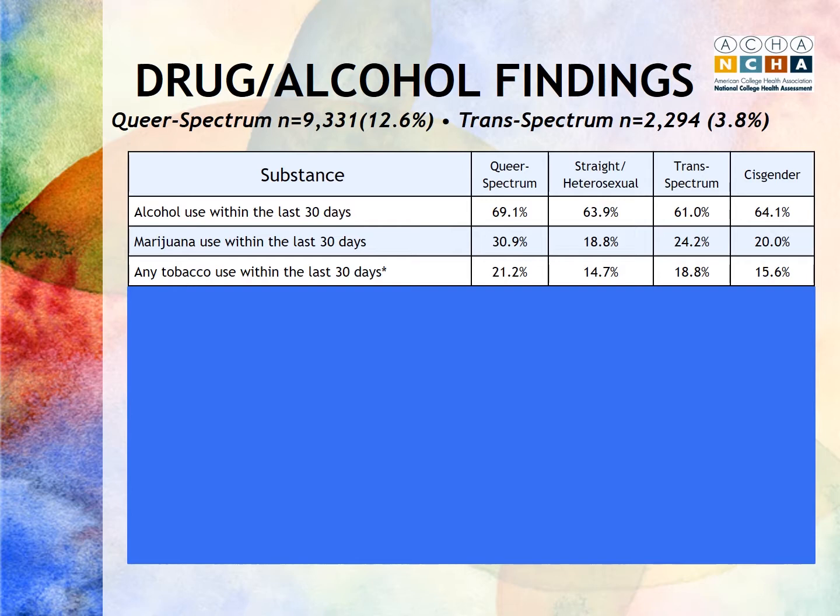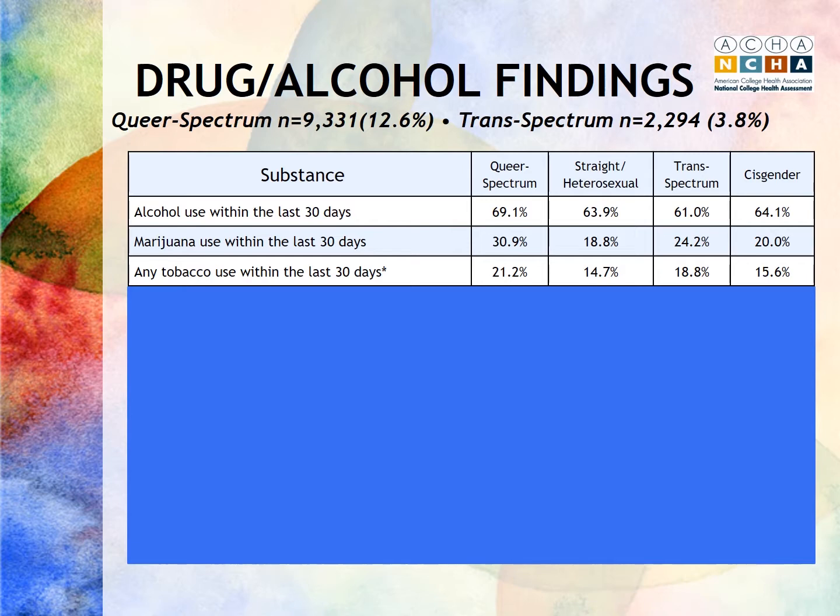So the first three questions we're looking at here are alcohol use, marijuana use, and tobacco use within the last 30 days. And tobacco use is a pretty broad category. It includes cigarettes, e-cigarettes, water pipe, smokeless tobacco, cigars and little cigars, and clove cigarettes.